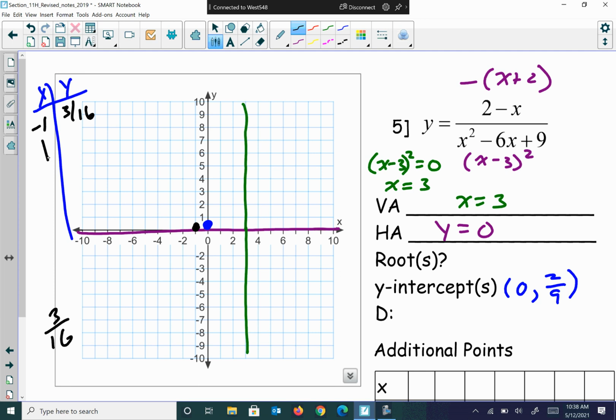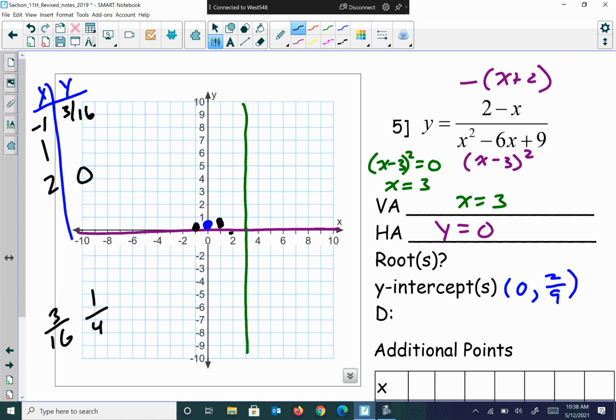Yeah, let's plug 1 in, see what happens. If I plug 1 in, I get 1 over 1 squared minus 6, that's -5. Or 1/4 is closer down here. Let's plug 2 in. 2 minus 2 is 0.